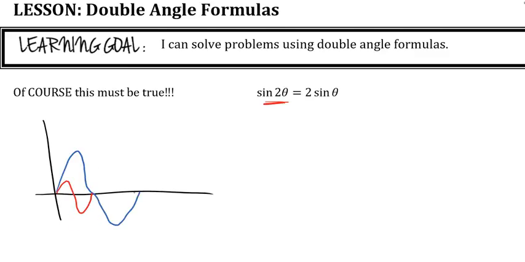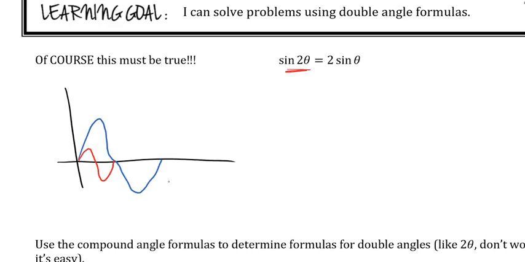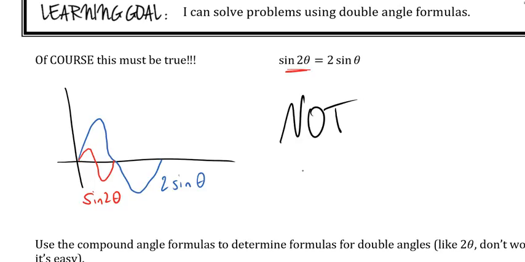It would be bigger. So the blue one is 2 sine theta, and the red one is sine 2 theta. And then you could do the same thing for cos. Not true.